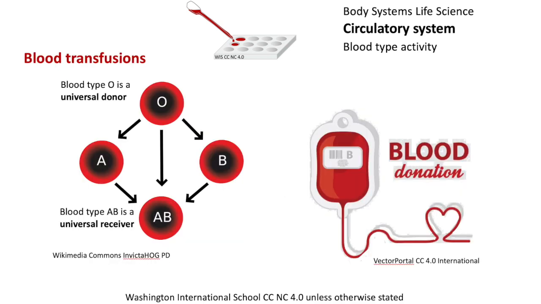For a blood transfusion, you have to have blood that doesn't have the antigen that causes the clotting. So blood type O is a universal donor, and AB is the universal recipient.